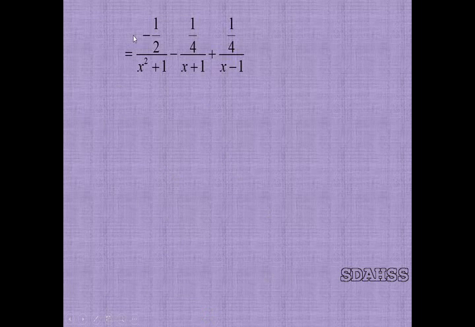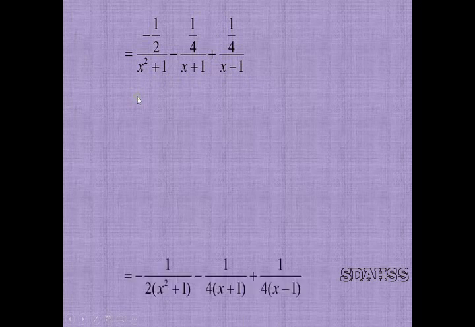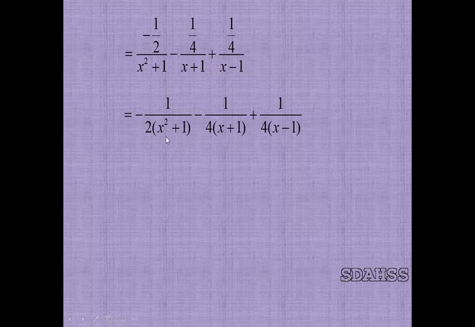Then 0 minus 1 by 2 means minus 1 by 2 divided by x square plus 1, minus 1 by 4 divided by x plus 1, plus 1 by 4 divided by x minus 1. So this can be written as minus 1 by 2 into x square plus 1, minus 1 by 4 into x plus 1, plus 1 by 4 into x minus 1.